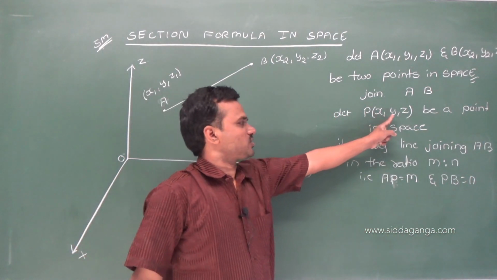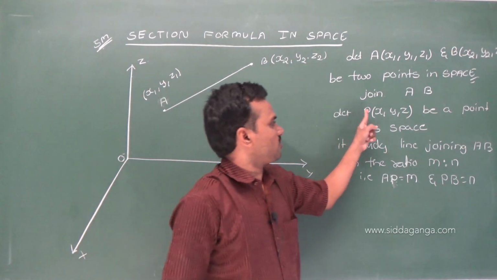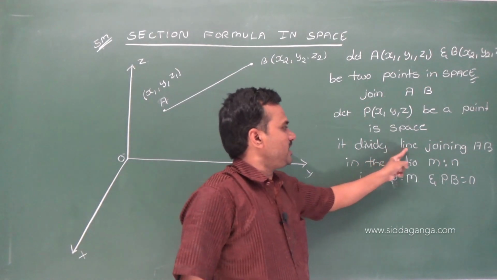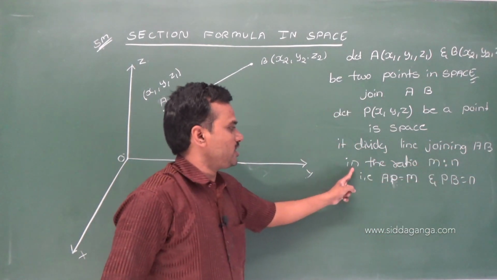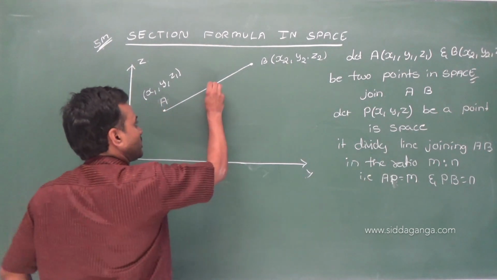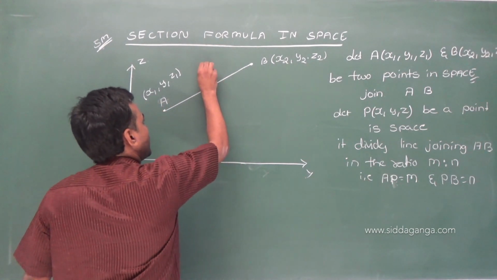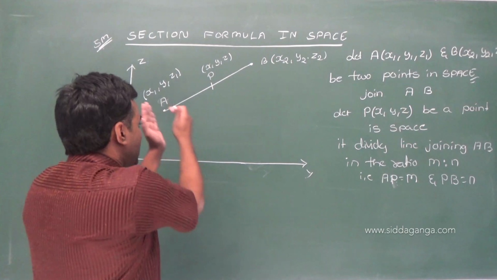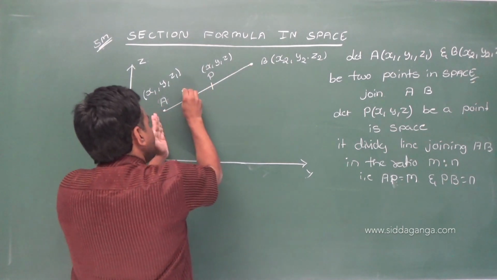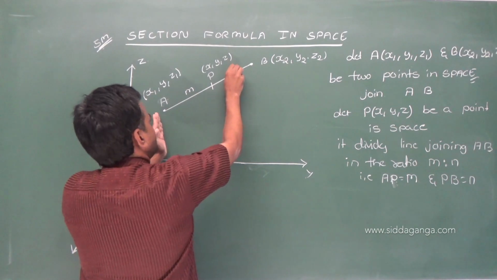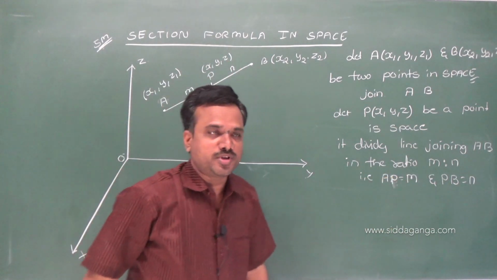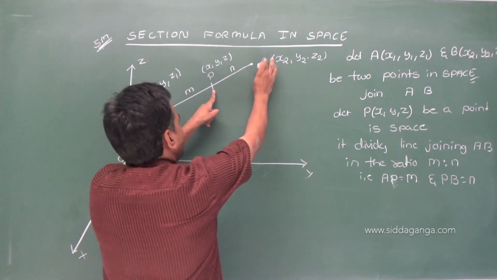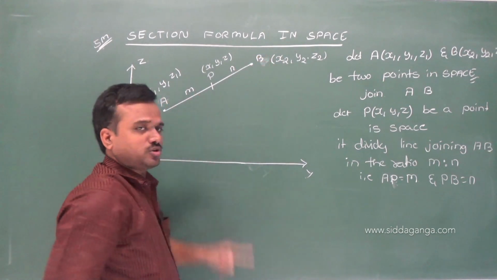Let P of x comma y comma z be a point in space. It divides the line joining AB in the ratio m is to n, that is, AP is equal to m, PB is equal to n.